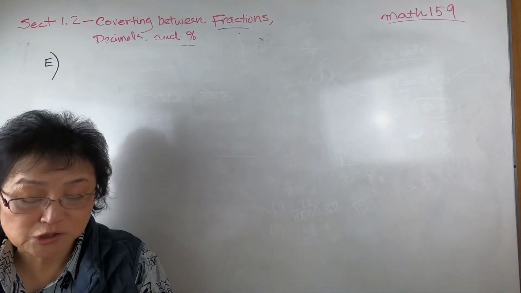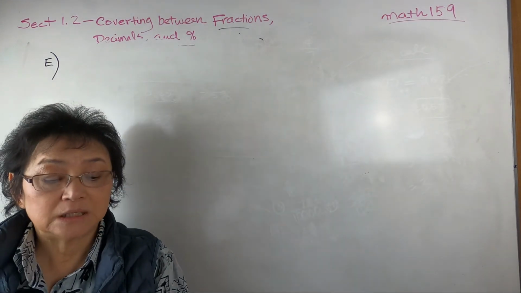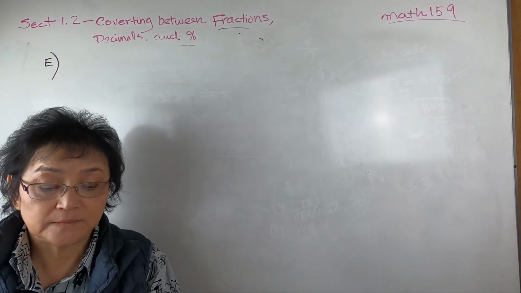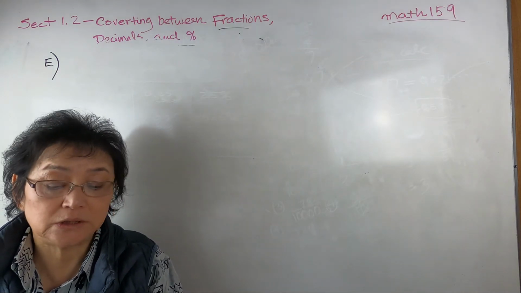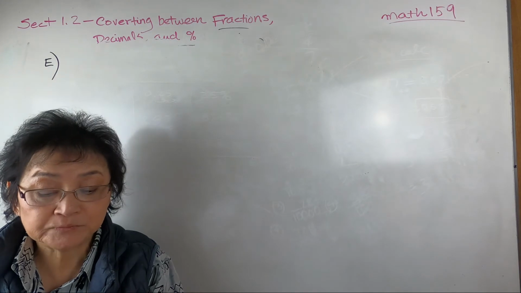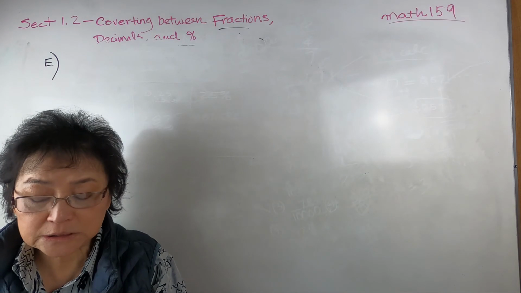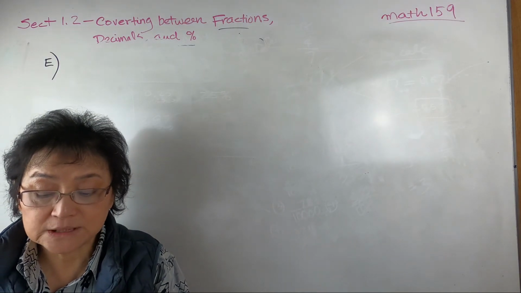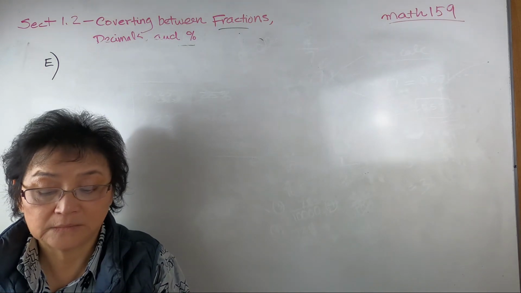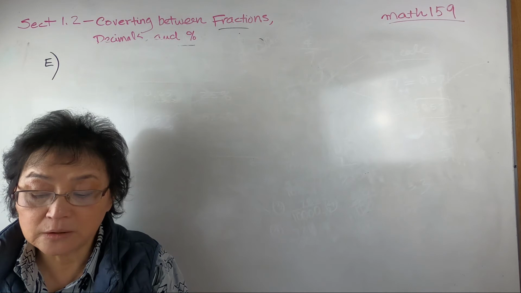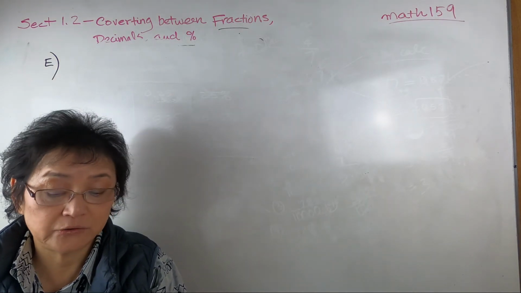So look at your page 7. Some applications, part E. First one. Sometimes you may not understand the words, but eventually you get it. First one: in regression analysis, an important number that is calculated is called R-squared. It helps us determine how helpful one variable is in predicting another variable.